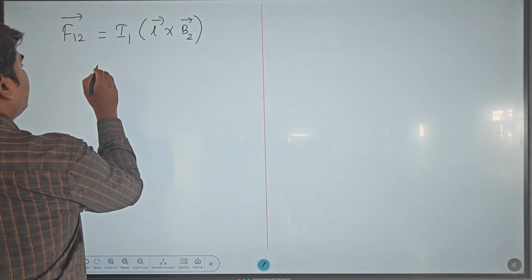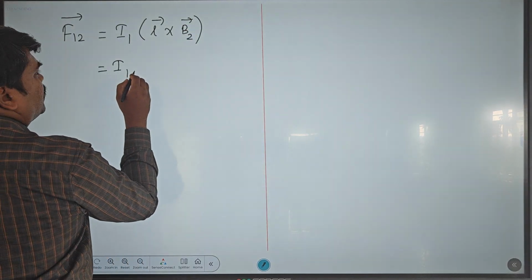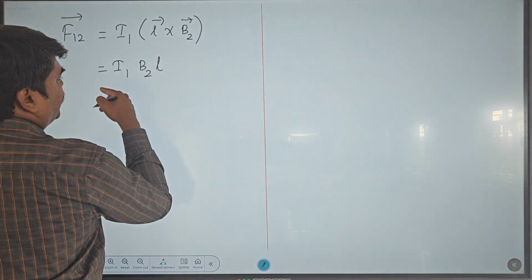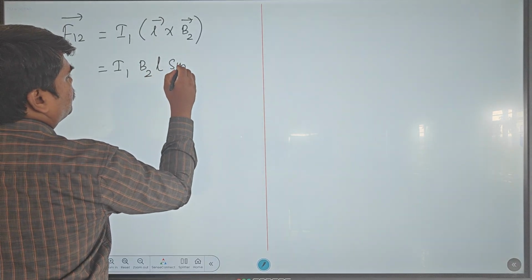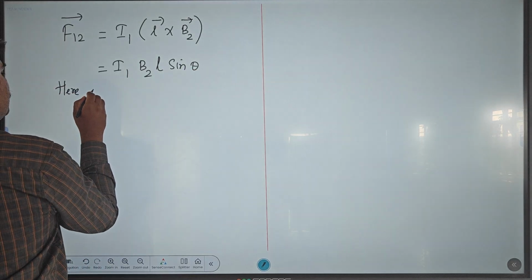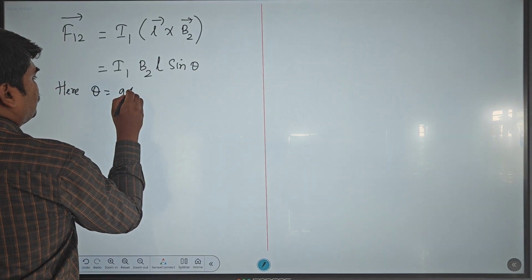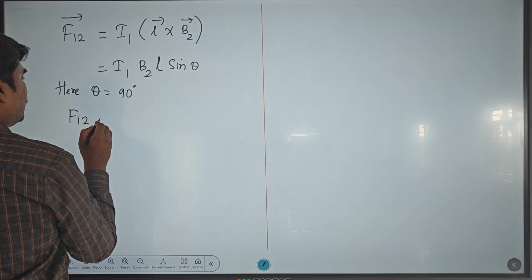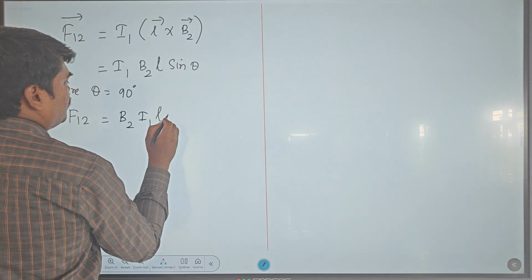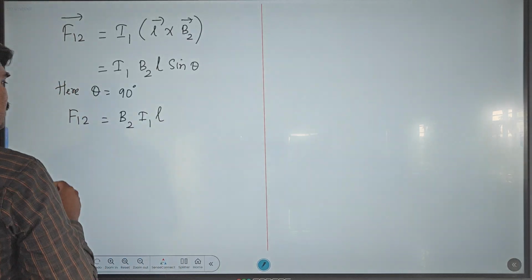So again, if I write this, this becomes I1 B2 L sin theta. Again here, if I take theta as 90 degrees, this expression becomes only the magnitude, so that will be B2 I1 L.